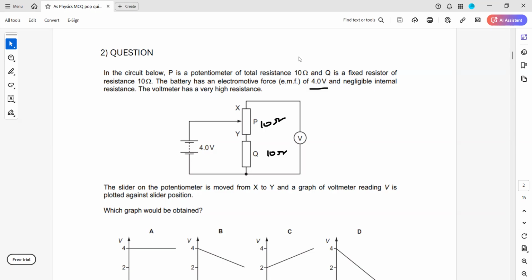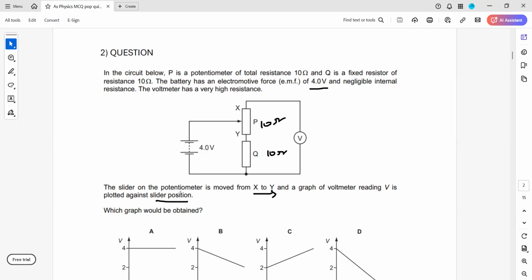Same amount of voltage is being drawn if we neglect the internal resistance. The slider of the potentiometer is moved from X to Y, and a graph of the voltmeter reading is plotted against the slider position. Which graph could be obtained?